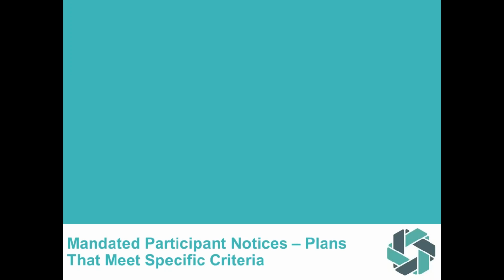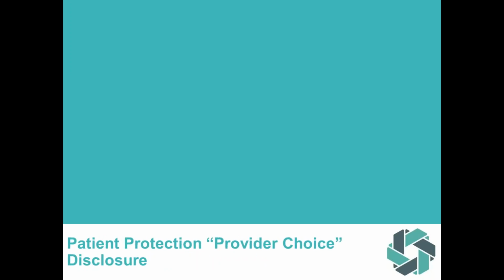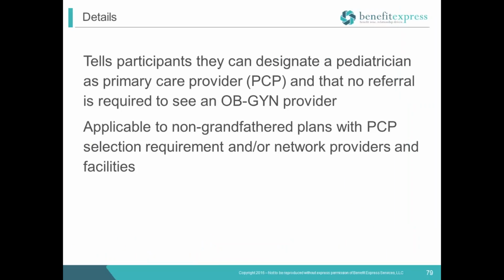Other mandated participant notices apply to plans with specific criteria. First, the patient protection provider choice disclosure. Here it tells participants they can designate a pediatrician as a primary care provider, that no referral is required, and that they can see an OBGYN without one.